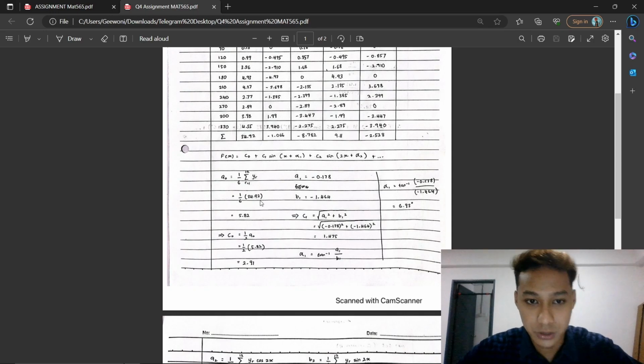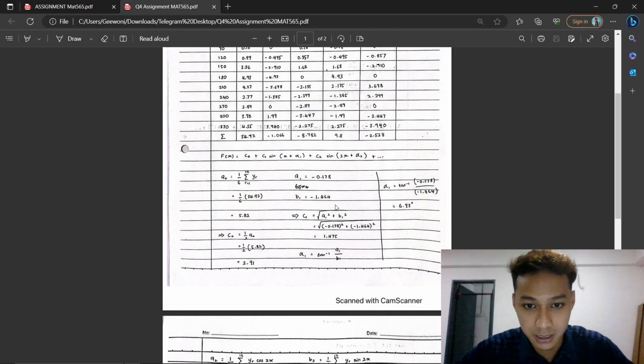Okay, that's settled for C0. The next one we have to find is C1. C1 is the square root of A1 squared plus B1 squared. As you can see here, we already have A1 and B1 from the question, that is negative 0.178 for A1 and negative 1.464 for B1.